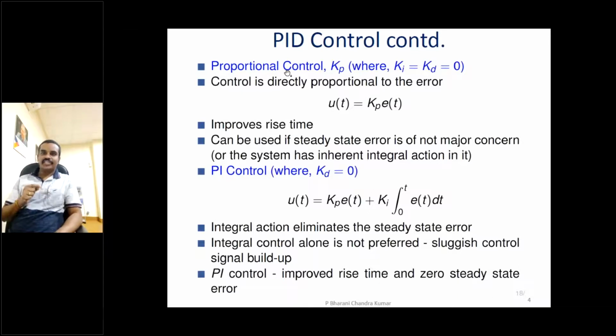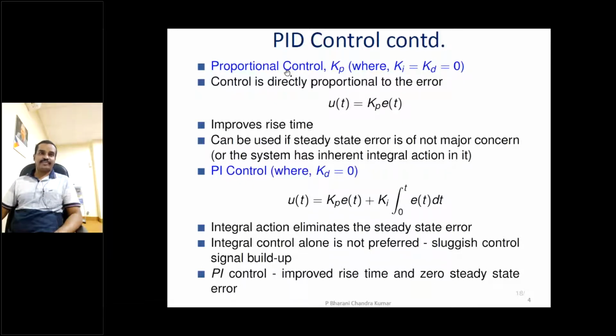However, if the steady state error is not your major concern, and you just want your system to be stable, stable meaning it lets it settle at any speed, let us assume 1200 rpm, 1000 rpm, it doesn't matter to you, then the proportional controller is good. Or you can use it if the system has inherent integral action in it.